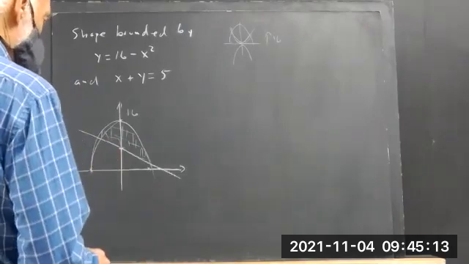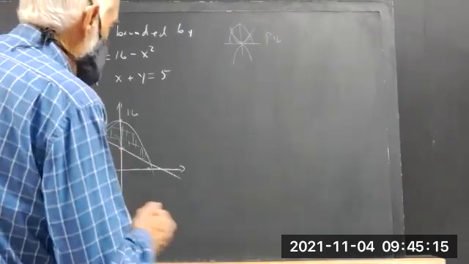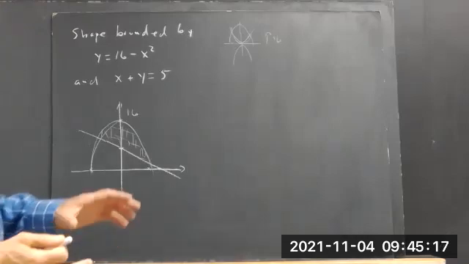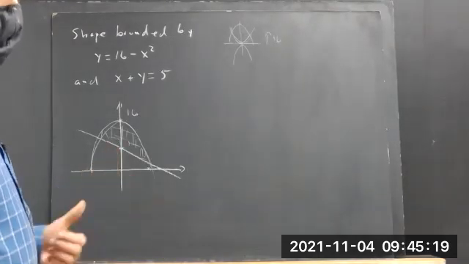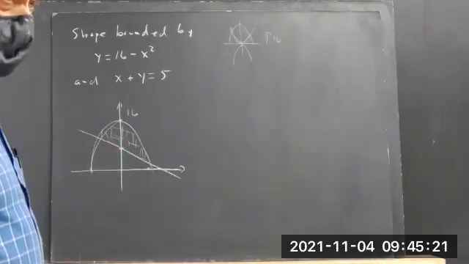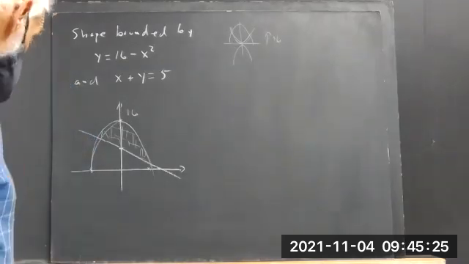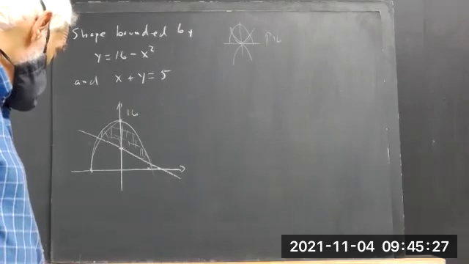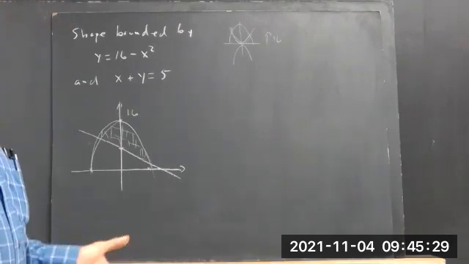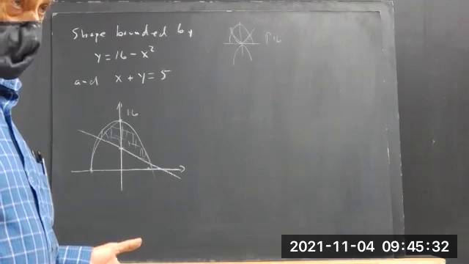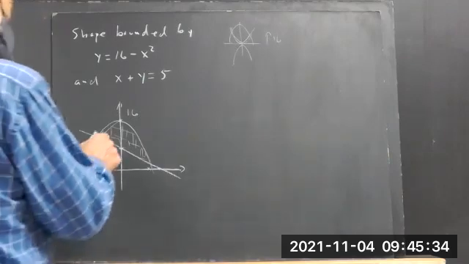You're either going to set up the integral on an x interval or on a y interval. You're going to do x cross sections or y cross sections. So I'm going to do it with x cross sections. We also have to do it with y cross sections because you've got problems that ask you to change the order of integration. Okay? So we'll talk about that a little bit too.